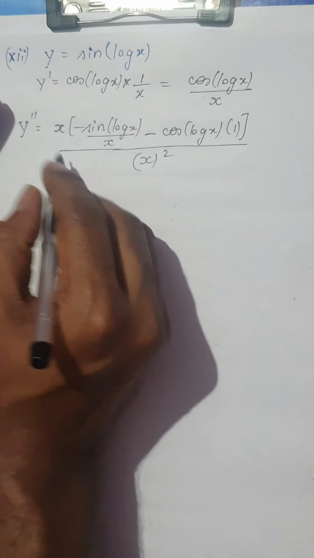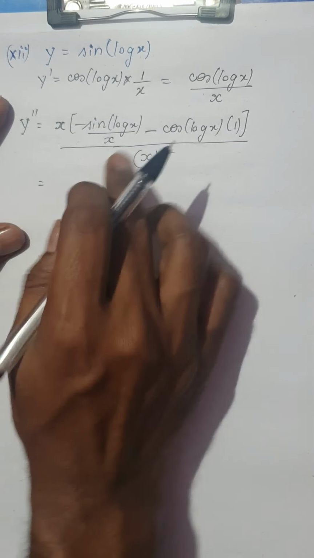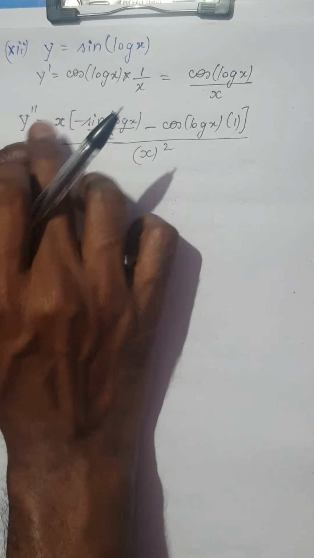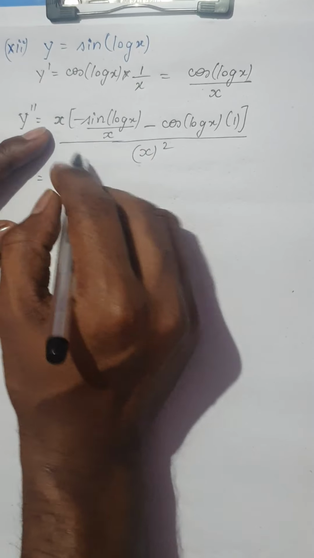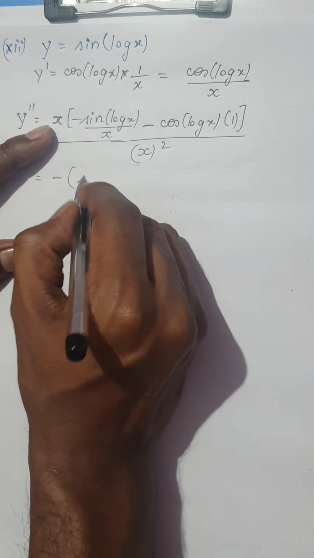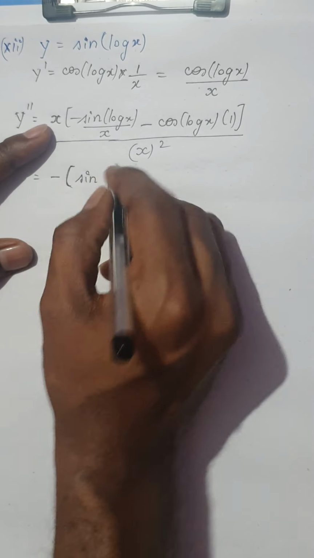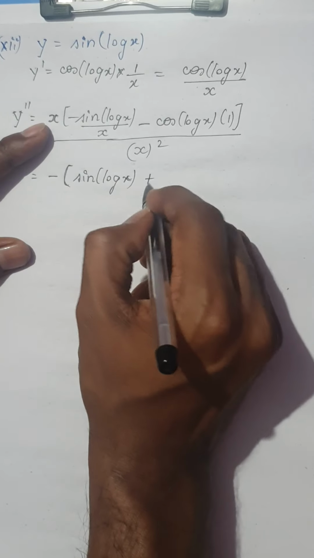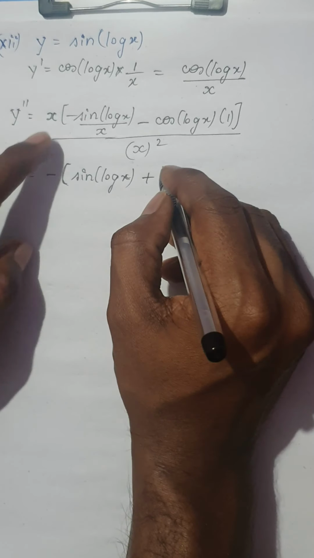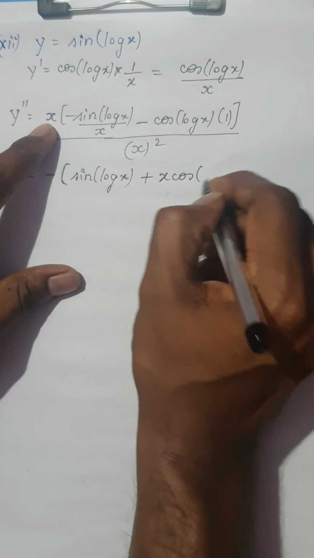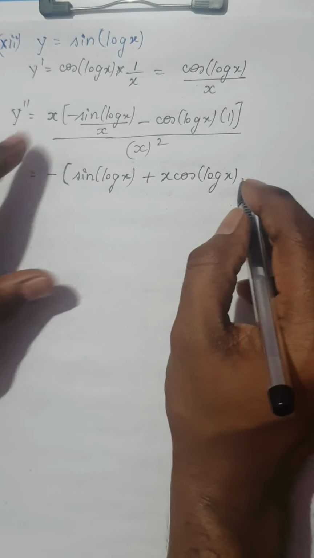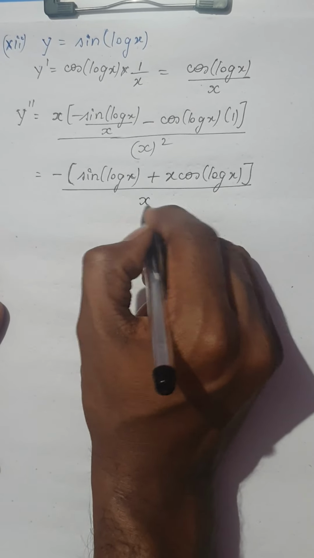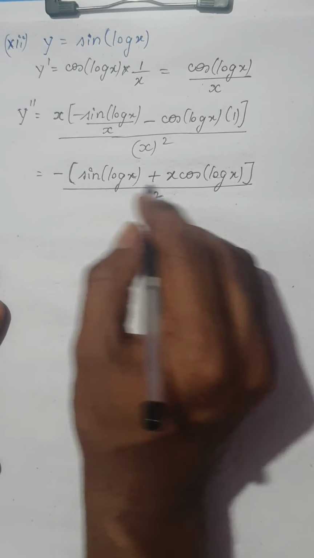Remember in both the terms I have minus outside, so I'm going to keep minus and multiply x to this. If I multiply x, this x and x get cancelled, so I will have sin of log x, and minus into plus will give me minus, x into cos of log x, divided by x square. Is it clear?